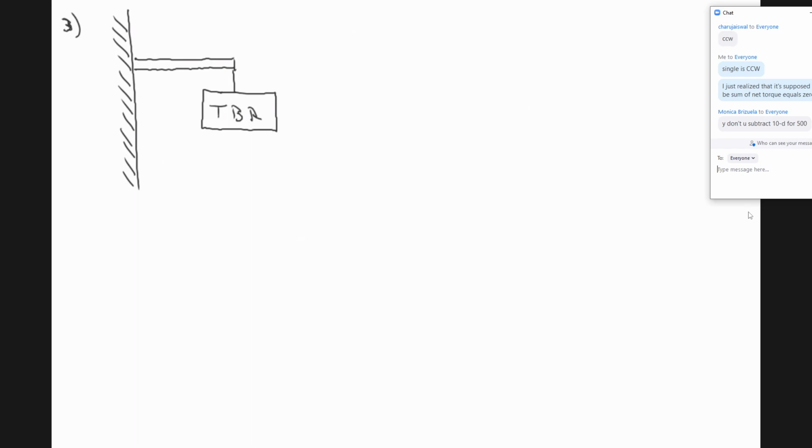And then we're going to hang it up by a cable that makes an angle of 30 degrees to the horizontal. I'm going to tell you that the weight of the beam is 500 newtons, and the weight of the sign is 1,000 newtons.